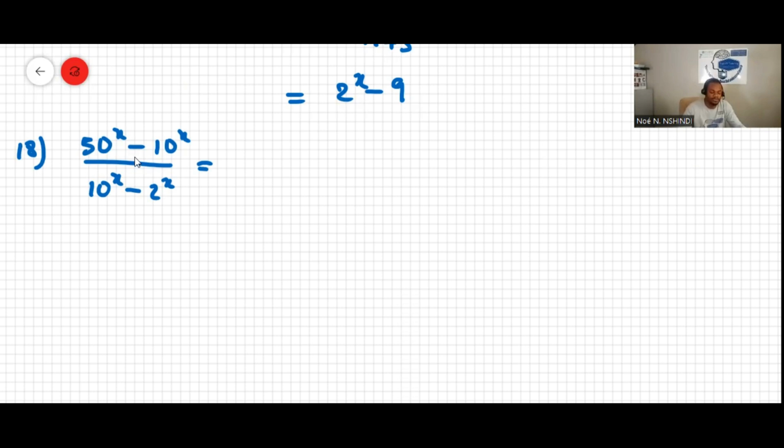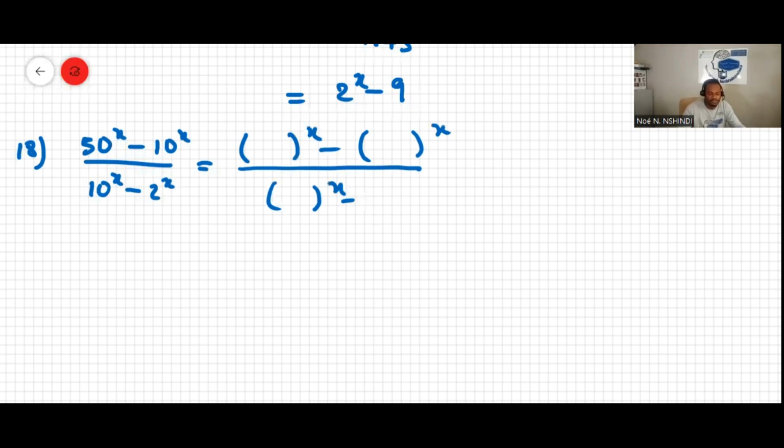Then what can we do in this case? We need to write each of the bases in terms of the prime factors. Okay, 50 in terms of its prime factors will be, right here like this, bracket to the x minus bracket to the x, over bracket to the x minus 2 to the x.